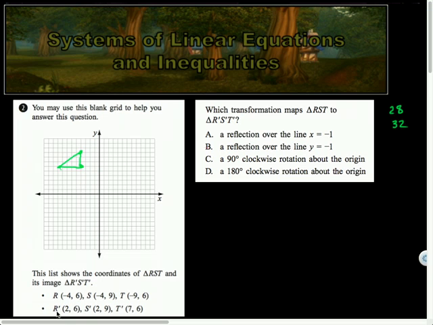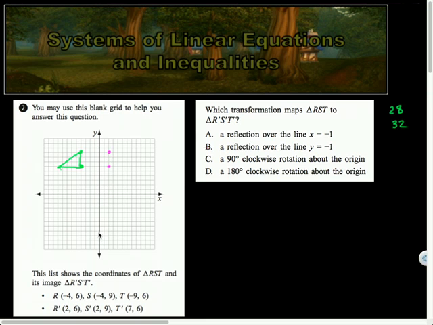Now, then it says R prime is over 2 up 6. So this was R, here's R prime. But we're not yet able to gather all of our information until we look at the whole image here. Then S prime is at over 2 up 9.